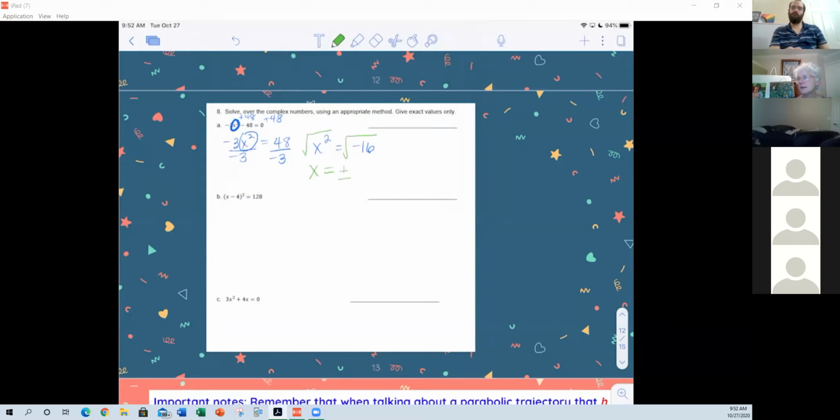So do not forget plus or minus. And then what is the square root of -16? 4i. 4i, right. Pull out the i. And then the square root of 16 is just 4.